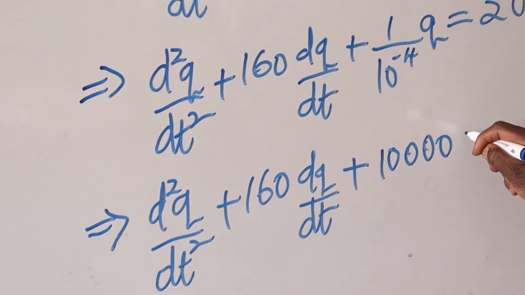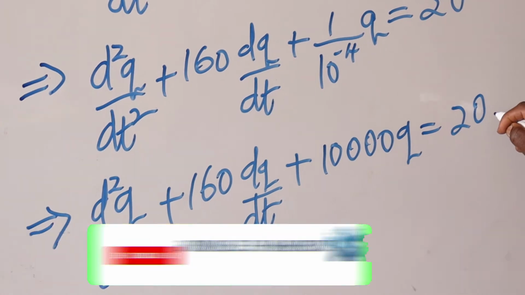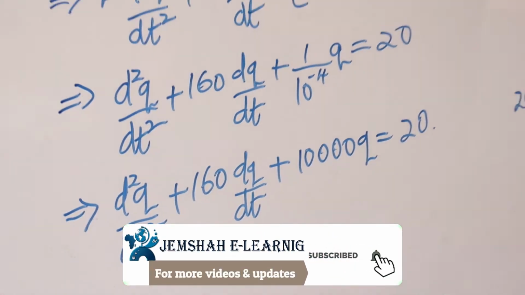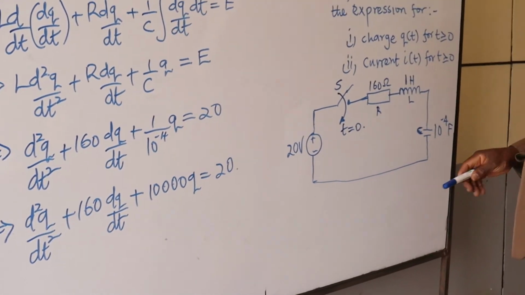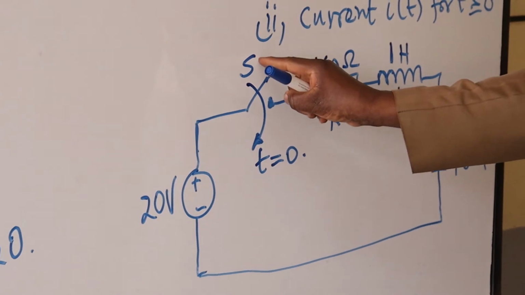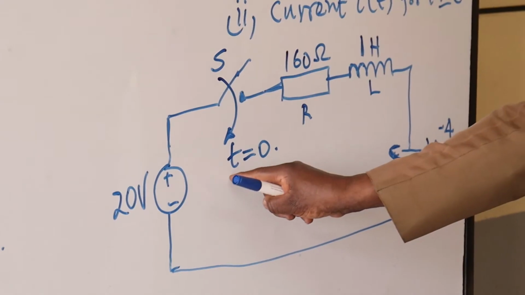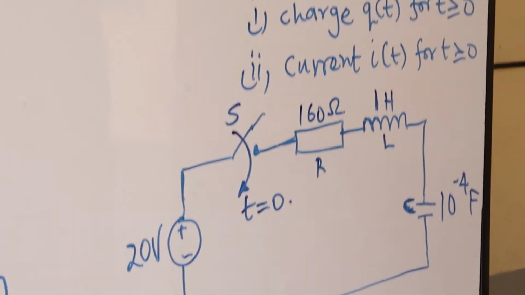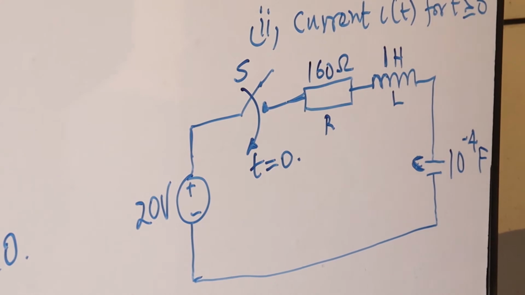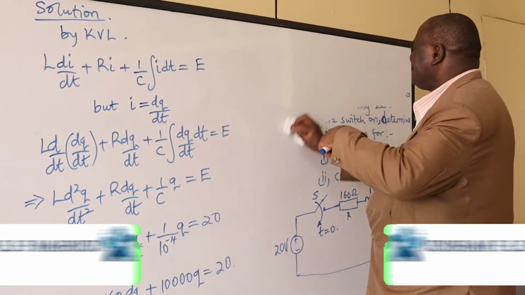So this is the differential equation in terms of Q that will represent the action of this circuit when this switch is closed at time t equal to 0. Now, we would like to solve for Q in that particular case.